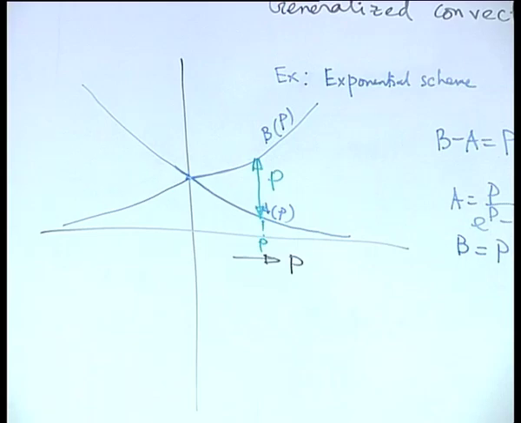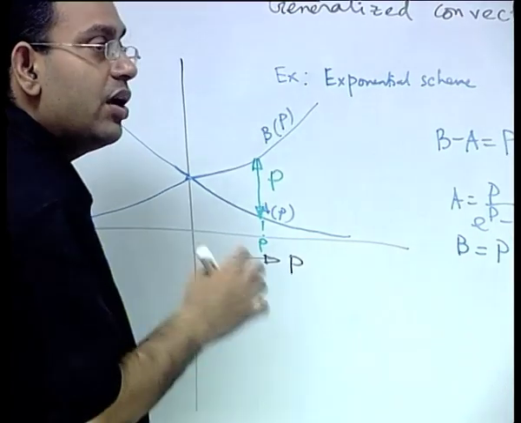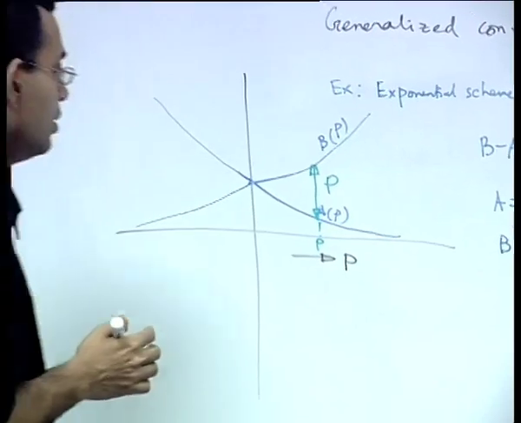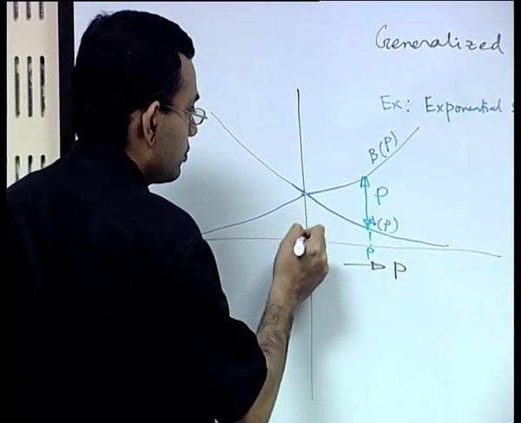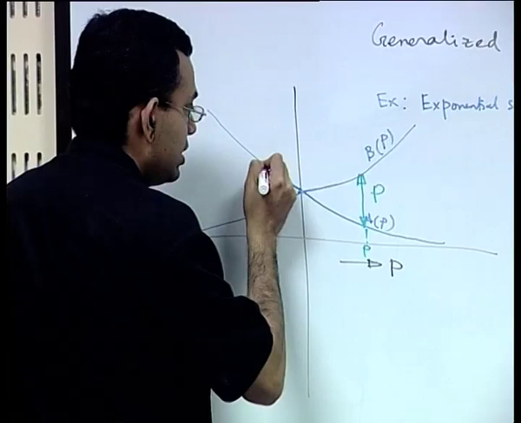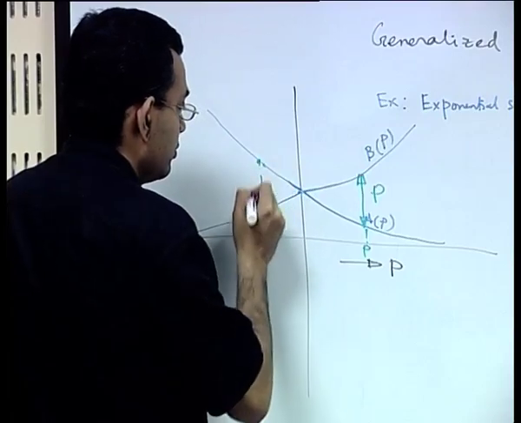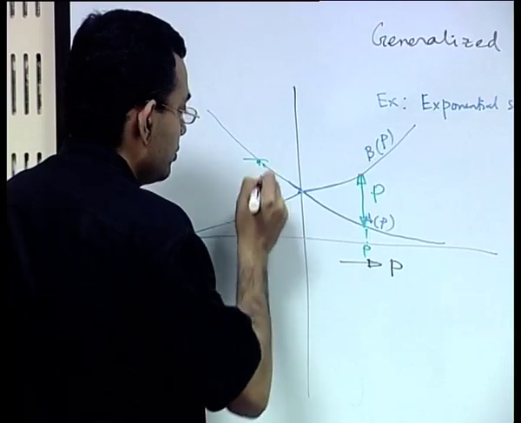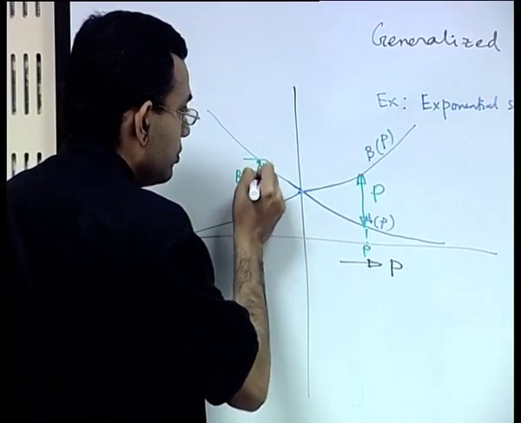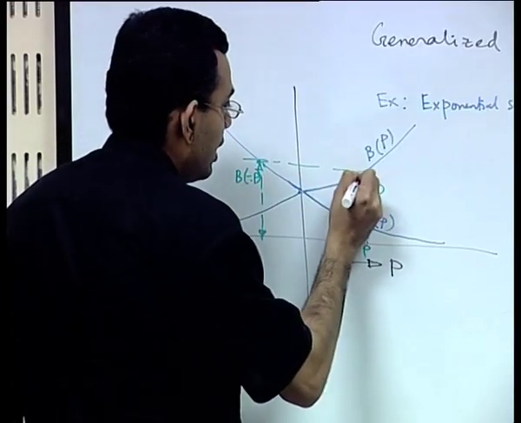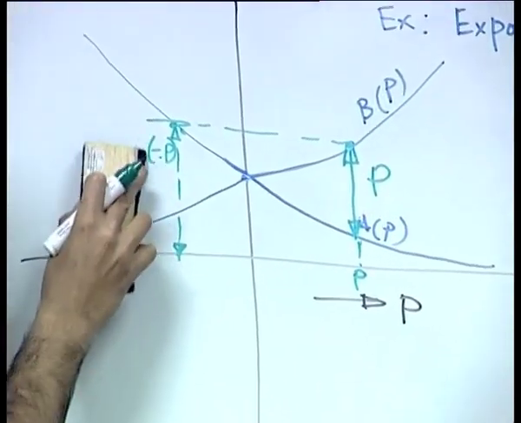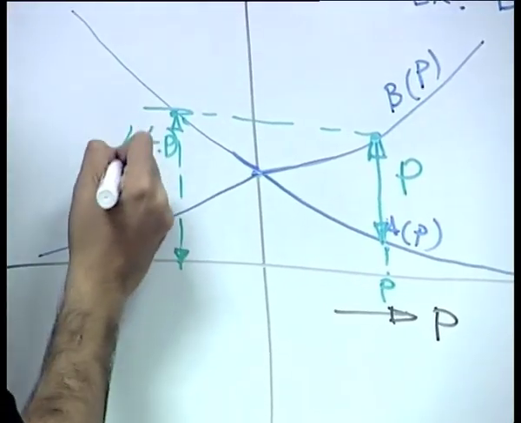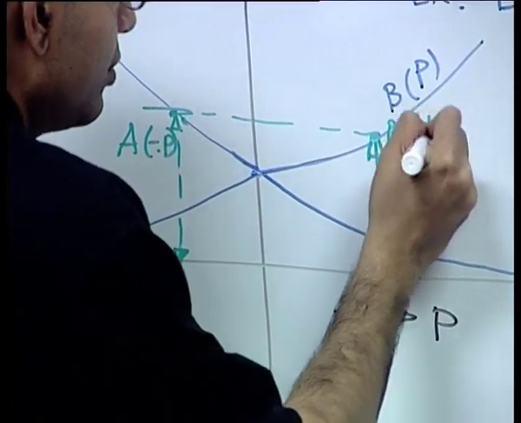And why are these sort of reflections of one with respect to the other? Because we have seen B of minus P is equal to A of P. So, you have B of minus P, say this is minus P. So, this is B of minus P, this is same as A of P, or here it is the other way, it is A of minus P in this graph. So, A of minus P is same as B of P.